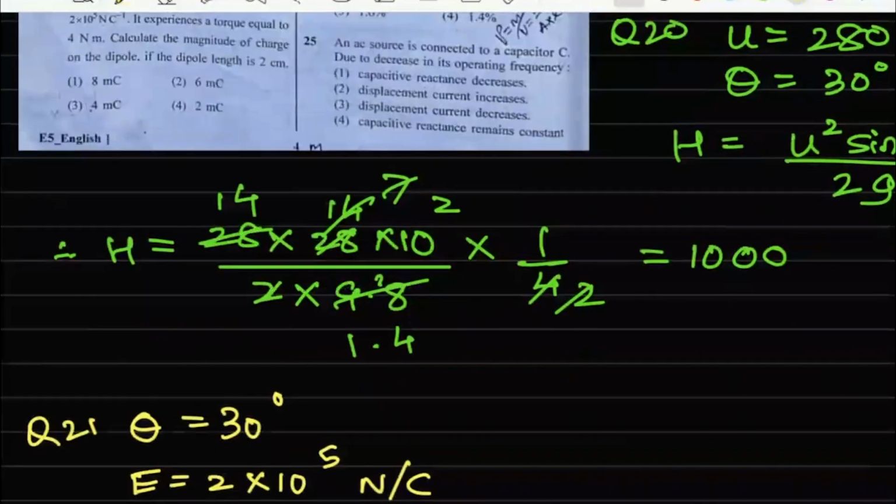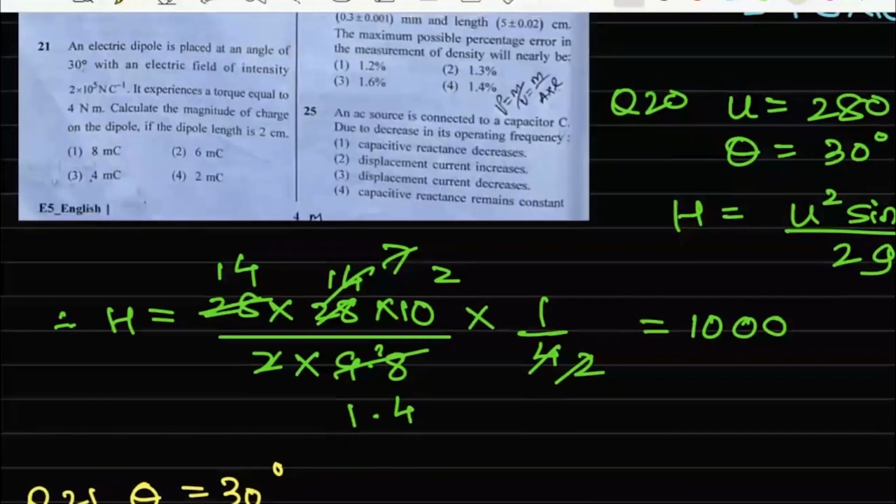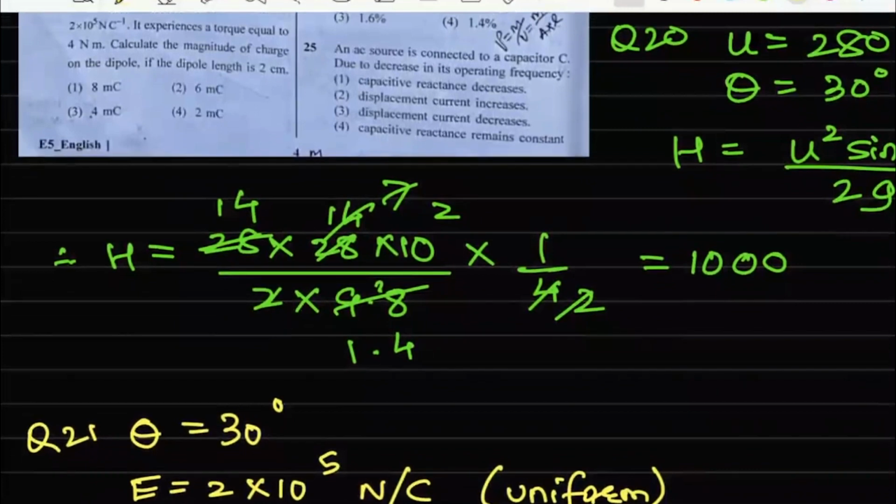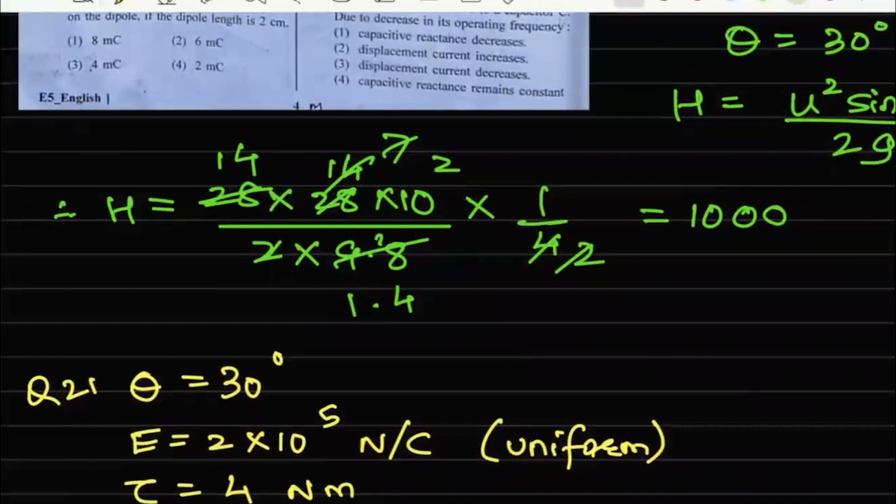It experiences a torque. So we will have to make an assumption that this is a uniform field. I have not said that in the question. It experiences a torque equal to 4 Newton meter. Calculate the magnitude of charge on the dipole, if the dipole length, which is what we call 2L, is 2 centimeters.